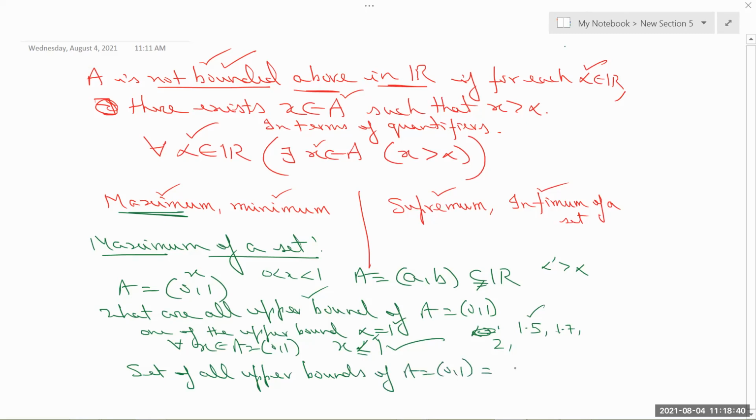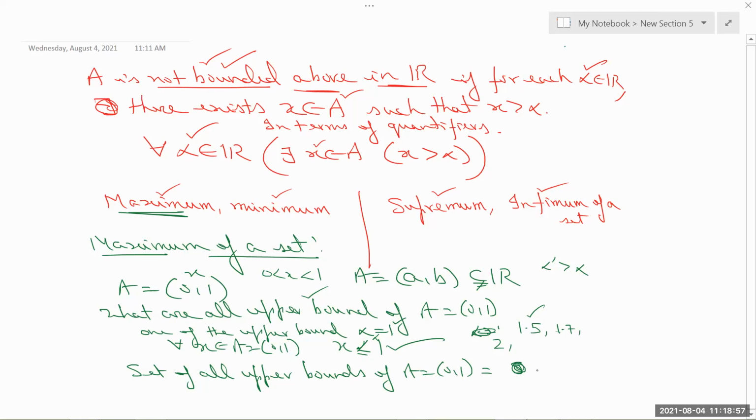So let me call this the set of all upper bounds. Let me denote it by some notation.